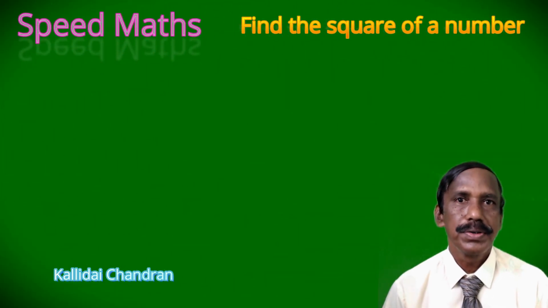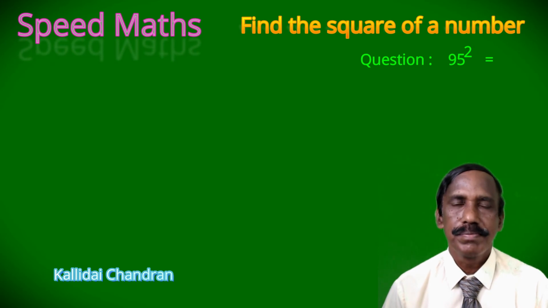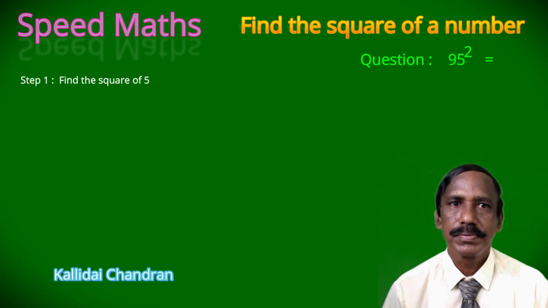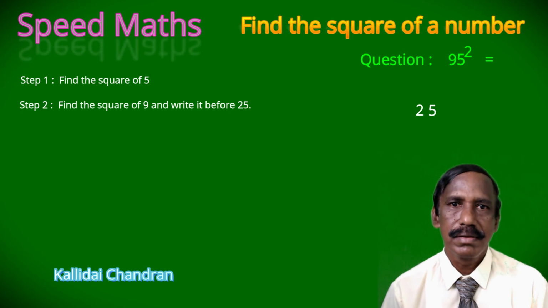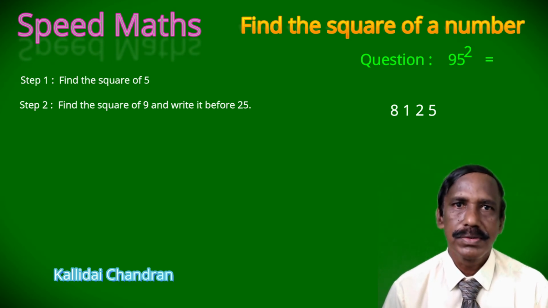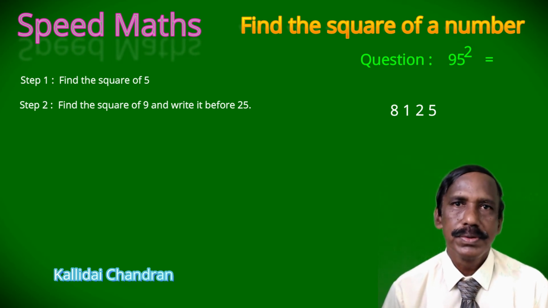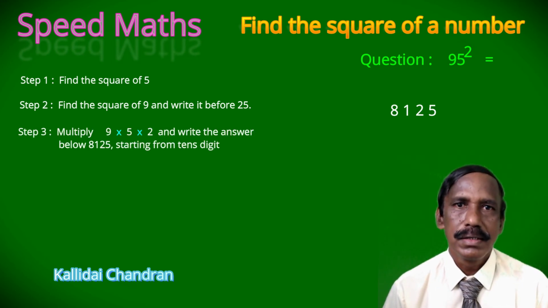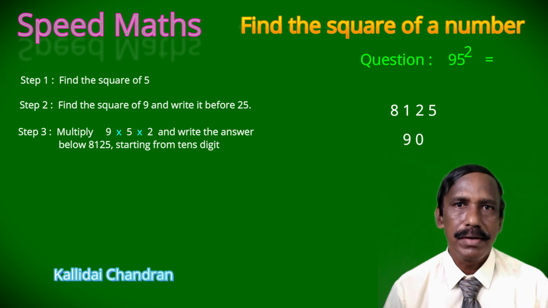Now we have to find the square of 95. We have to find the square of 5, that is 5 into 5, 25. Then we have to write the square of 9, that is 9 into 9, 81. So 8125. Then we have to find the product of 9 into 5 into 2. 9 into 5, 45, into 2, 90.